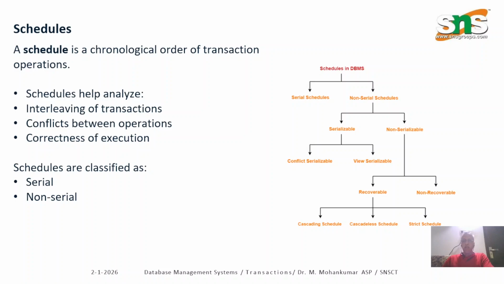Serializable is split into two: conflict serializable and view serializable. Then non-serializable, it is recoverable and non-recoverable. Recoverable is again split into cascading schedule, cascadeless schedule and strict schedules. We will see one by one.